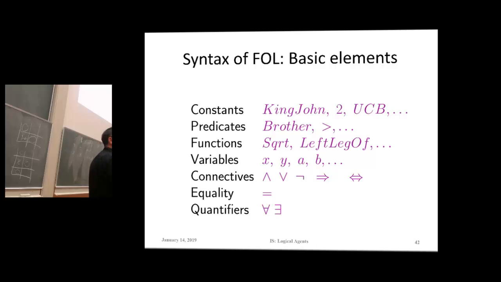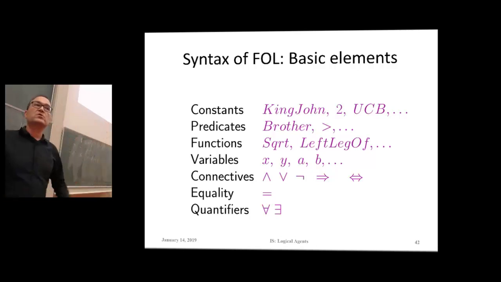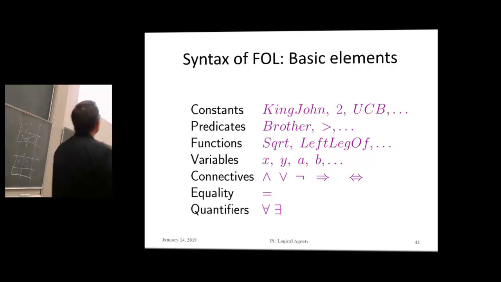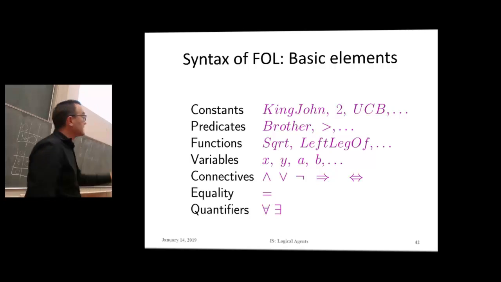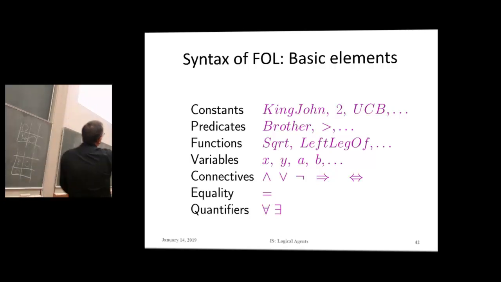So these are the kinds of statements we could make before we do the composition. So we have constants, King John, the number 2, and so forth. We have predicates, so King John is a brother of. We have functions, the square root, the left leg of someone, and so forth. We have variables that might be instantiated with objects later.